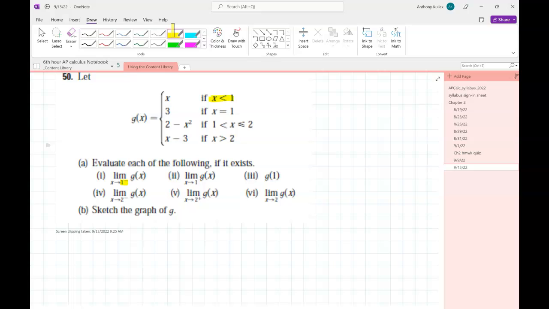It's going to tell me which part of the domain I'm working in, and then I can just use direct substitution with the function to get the value of these limits. Is that okay, Anise? Yeah. So for example, part I is just going to be 1, right? Cool with that? Okay.